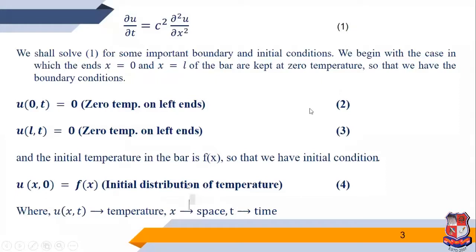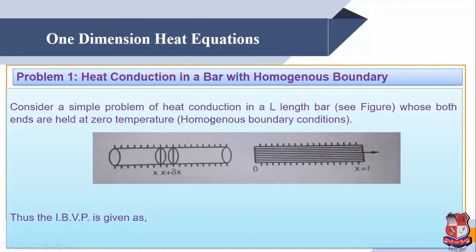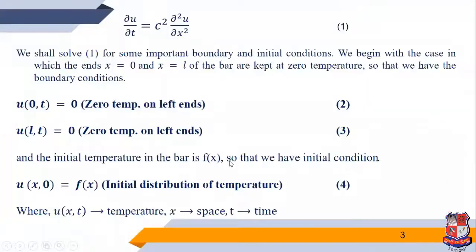Here in this problem the boundary is homogeneous, therefore both ends are held at zero temperature. Also, in this equation, u is the dependent variable, x and t are independent variables.